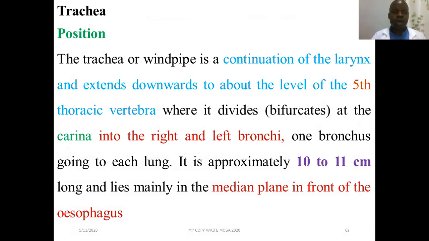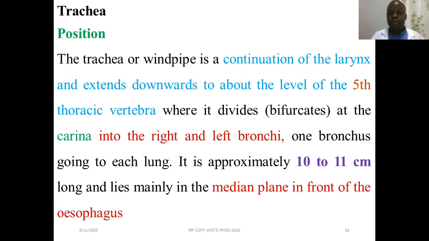Let us look at the trachea now. Position. The trachea or windpipe is a continuation of the larynx and extends downwards to about the level of the fifth thoracic vertebra, where it divides or bifurcates at the carina into the right and left bronchi, one bronchus going to each lung.